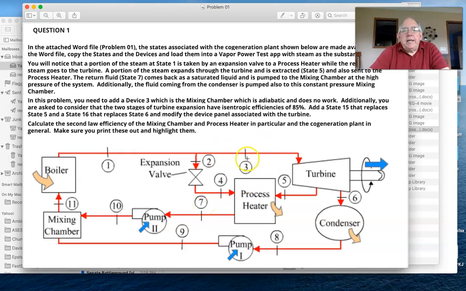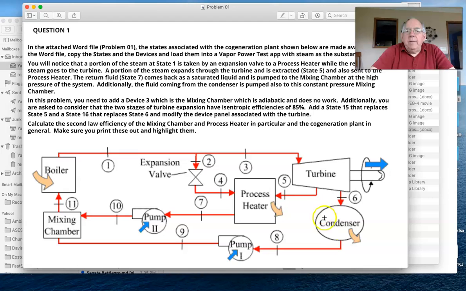Then that means that the 20 kilograms move on through state 3, and then the problem states that an additional 60% is extracted off at state 5, and that 60% corresponds to 15 kilograms per second. The remaining 5 kilograms per second then pass on through the turbine and come out at state 6.